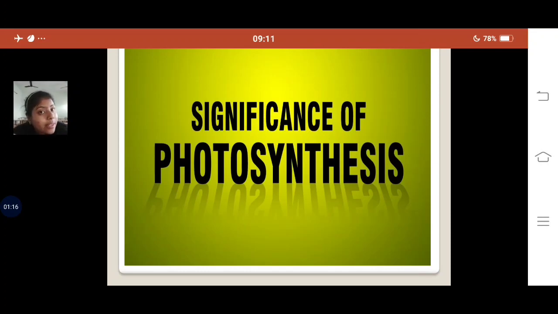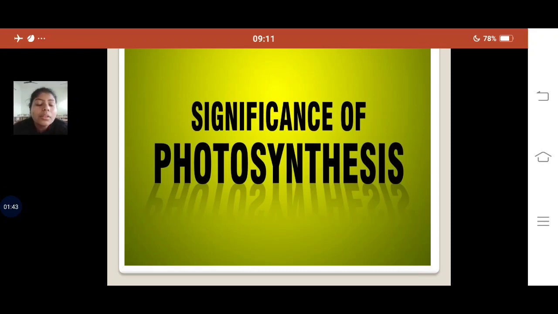So let us see what are the three main important things that are done during photosynthesis that help for the sustenance of life on earth. Amazingly, though we know this, we still don't care, and we keep on cutting down the trees.